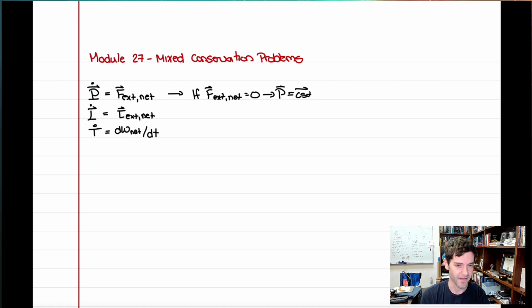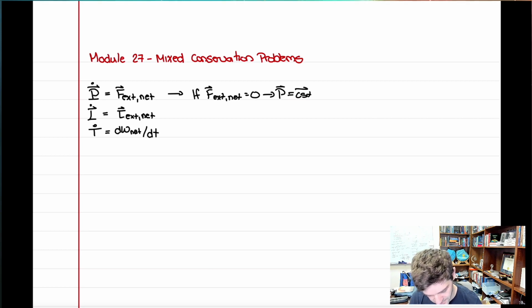And remember, we said you can usually apply this, or approximate the external forces as being 0, in the case of collisions where things are happening really quickly, and external forces, while they might be present, won't have enough time to really change the overall momentum of the system. So you can look at 2 snapshots that might be very, very close in time. Or if you know that momentum is conserved more generally, you might be able to apply it to 2 spots that are very much disconnected in time.